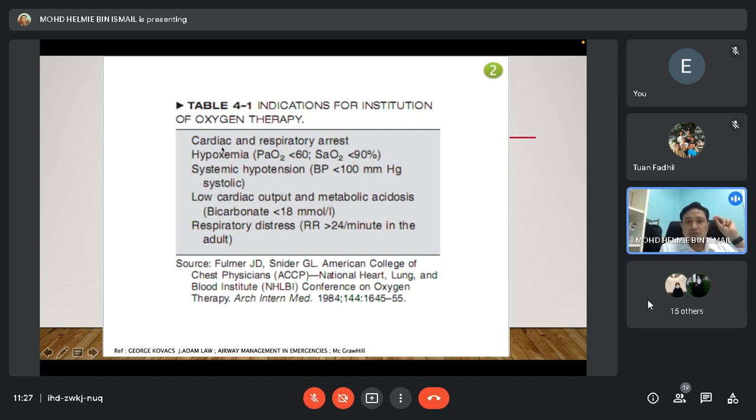Cardiac arrest or respiratory arrest, and then low cardiac output or metabolic acidosis, bicarbonate less than 18, you can give oxygen for these patients. And if the patient's SpO2 is maintained but the RR is more than 24 per minute, there's an indication for supplemental oxygen therapy.